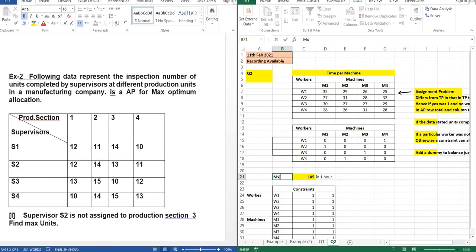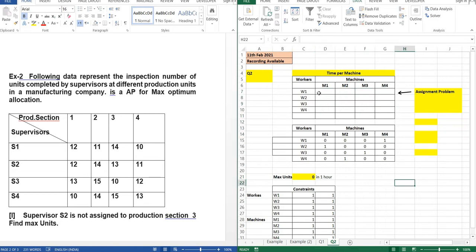Could you complete question number 1? Okay. Do second one. Setu Sharan. Yes, sir. Could you complete first one? Yes, sir. Do second.